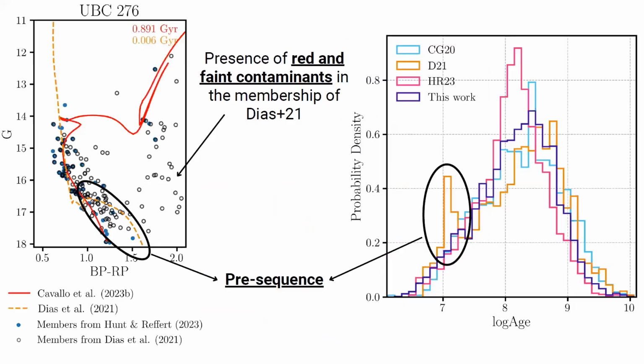First of all, you see a clear peak here from Diaz, in the range of the pre-main-sequence of open clusters. They found pre-sequence open clusters because their membership was polluted by a lot of contaminants. You see these empty dots here.